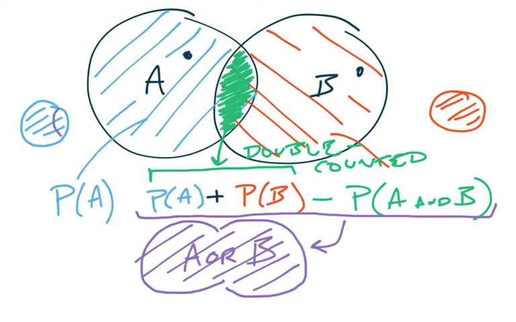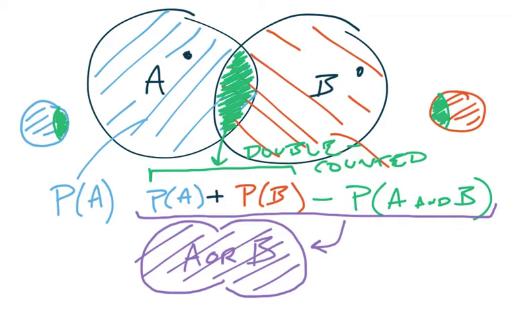If I draw it in this little picture here, it would be counted right there, and in this picture, it would be double counted right there. And of course, we only need to count it once. So that means that you should subtract it off at the end. So this is the idea.